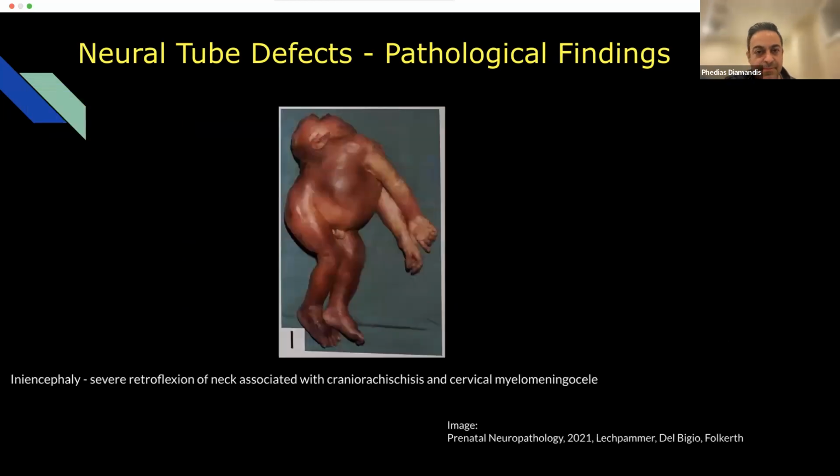or in this case, at the autopsy. This is another term that you may come across, called inencephaly, and in some cases, especially with craniorachischisis and cervical myelomeningoceles, you have this severe retroflexion of the neck. And so if you do see this, this is an understood phenomenon, and there's a term for this.